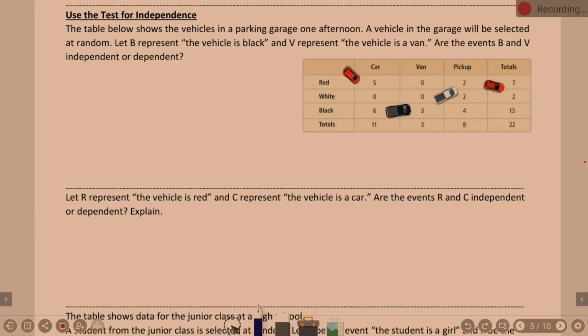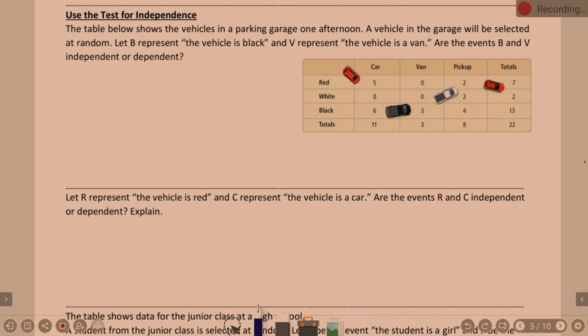This table shows the vehicles in a parking garage one afternoon. A vehicle in the garage will be selected at random. Let B represent the vehicle is black, and V represents the vehicle is a van. Are the events B and V independent or dependent?